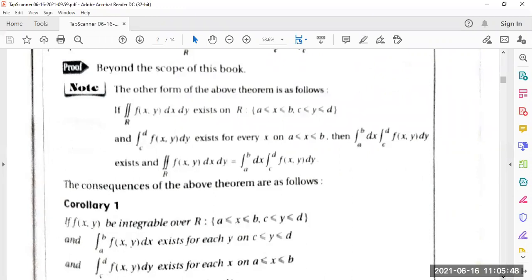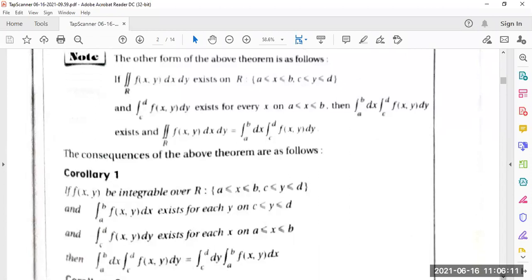Look here, we integrate first the variable which is the rightmost. Here the rightmost variable is dy, so we integrate first with respect to dy. It may be changed sometimes, but here we can use this one.